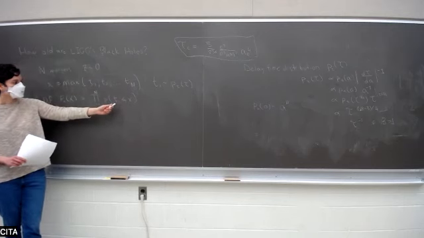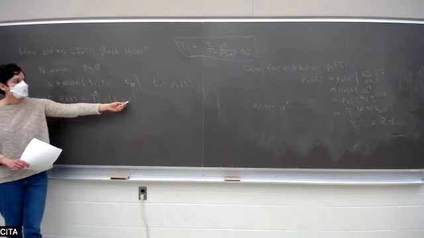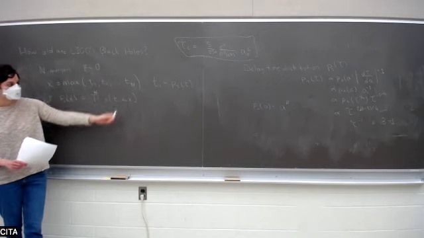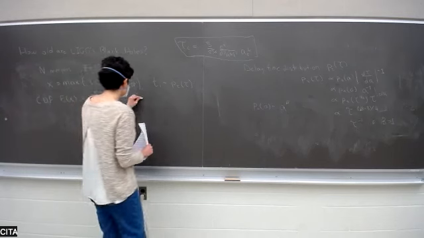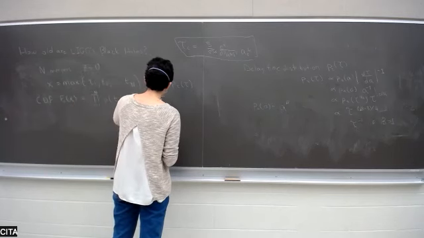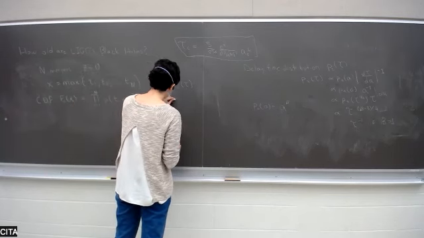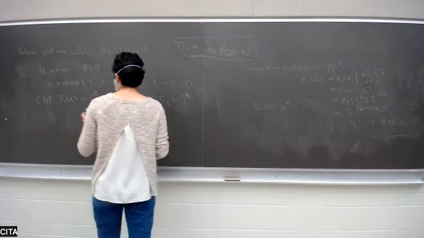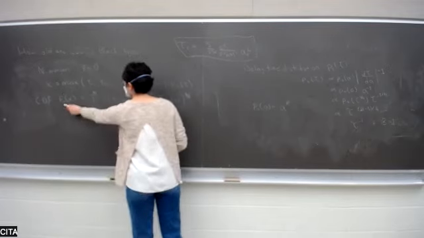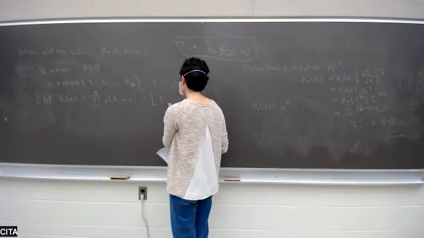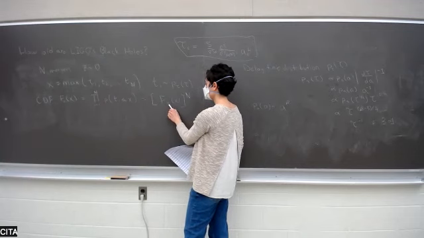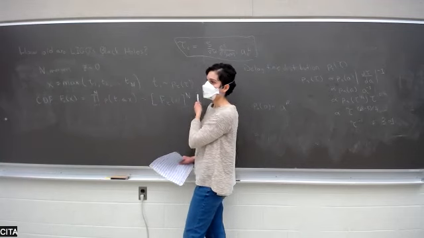The probability that t is smaller than x is just the cumulative distribution function of tau. So my CDF of the sample maximum is just the CDF of tau to the power n.